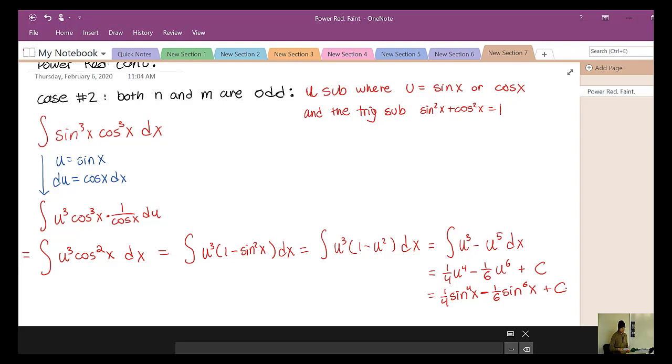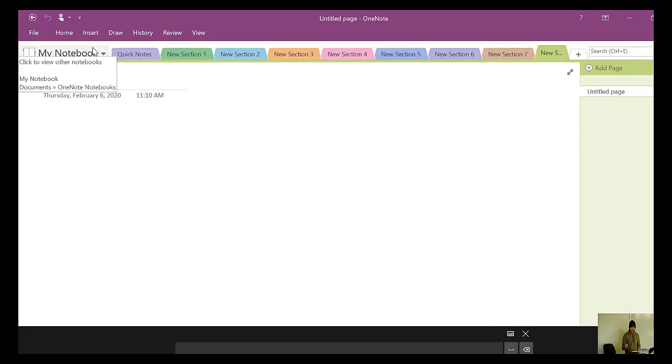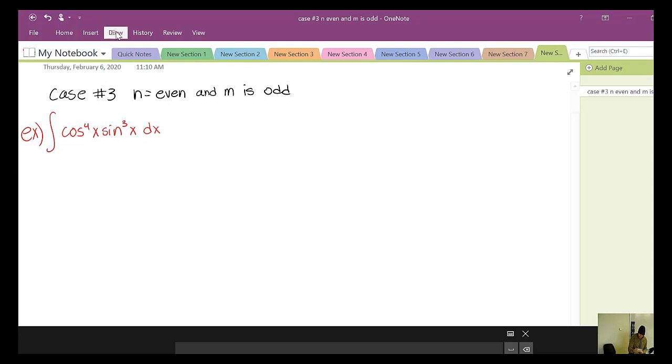All right, this will have to be our last example. Before, we had even, odd, odd, so what if we have an even power on one and an odd power on the other?